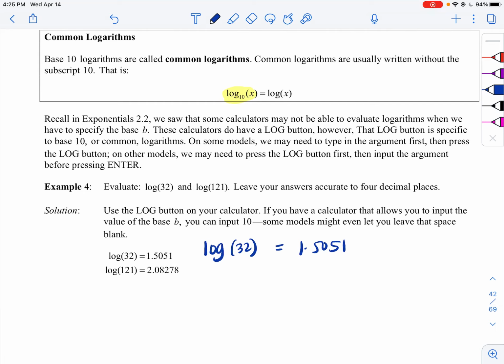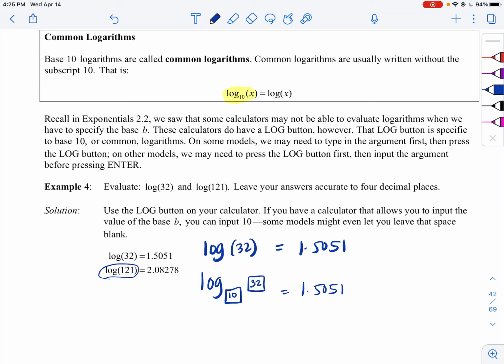Other calculators, you can press log first, and then press 32, and see if you get this answer. Other calculators will have something like this. In those cases, you put a 10 on there, and you put a 32 in there. And you should again get 1.5051.